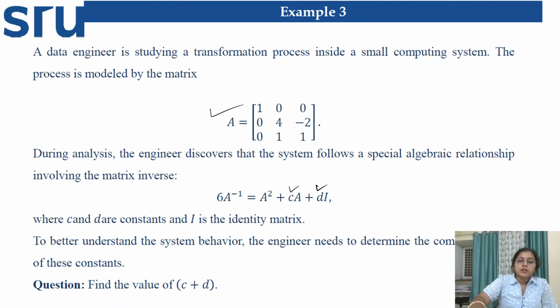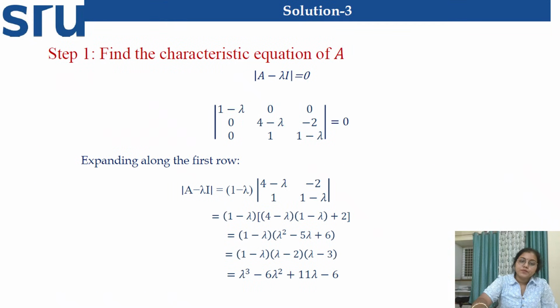Now we'll discuss how to find C plus D. For that, you have to find the characteristic equation first. For the given matrix, the characteristic equation is determinant of A minus lambda I equal to 0. In the previous four to five questions I already discussed this, so I thought there is no doubt how to find the characteristic equation.